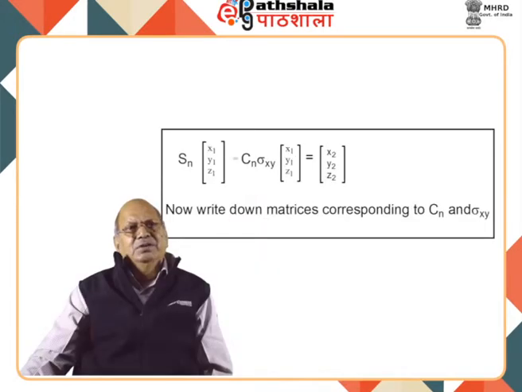The Sn axis lies along the z axis and perpendicular to the xy plane. This effect can be represented as Sn operated on x1, y1, z1 is equal to Cn followed by sigma xy operated on x1, y1, z1 to get x2, y2, z2.